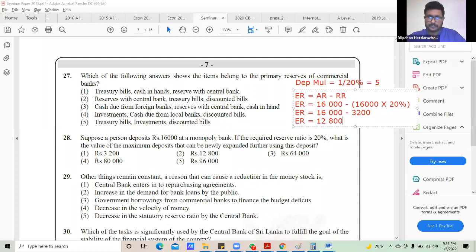That gives $12,800. Right? Then the last equation. Max credit creation equals excess reserves into deposit multiplier.